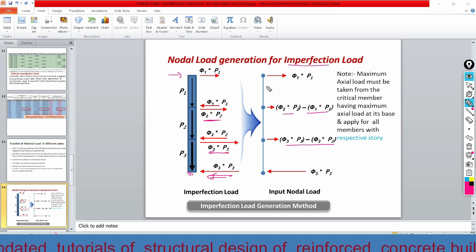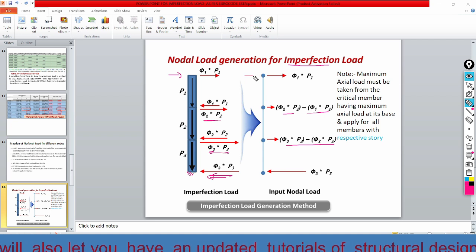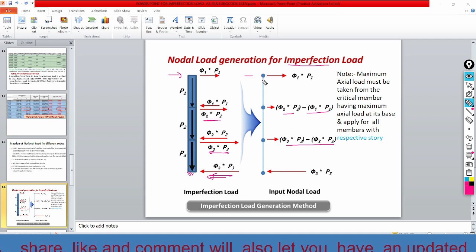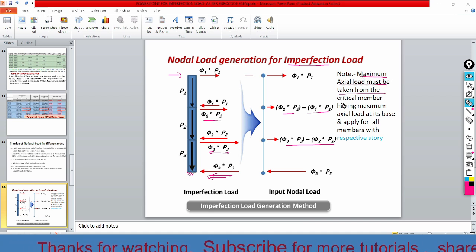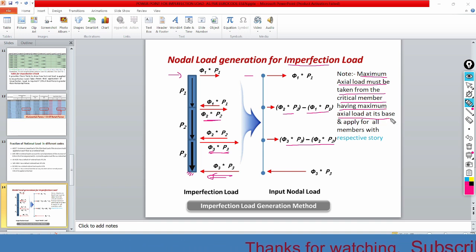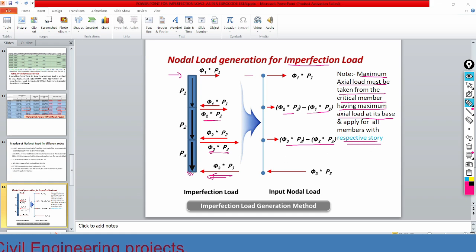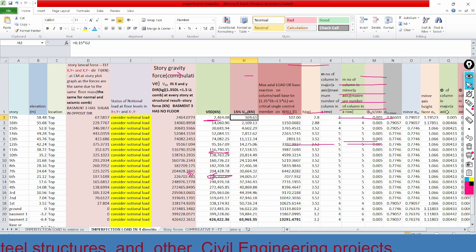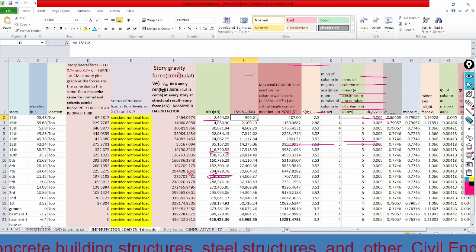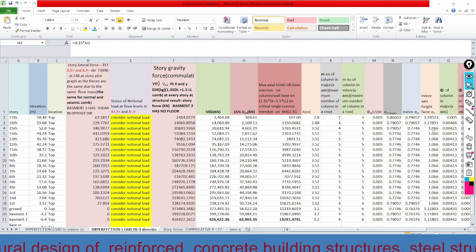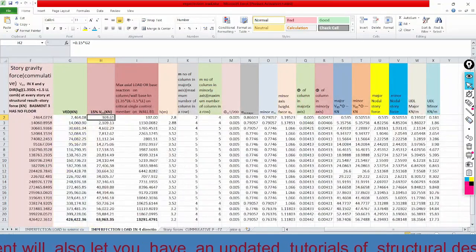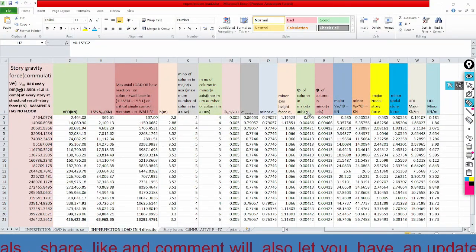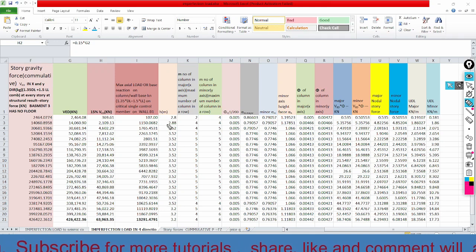So in this way, we can calculate the nodal lateral load which will be applied at the top of every story. Here the maximum axial load must be taken from the critical member having the maximum axial load at its base and applied for all members in the respective stories. Now let me show you here.